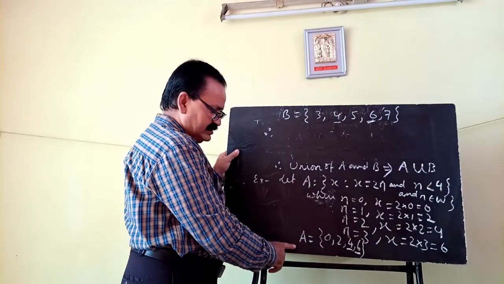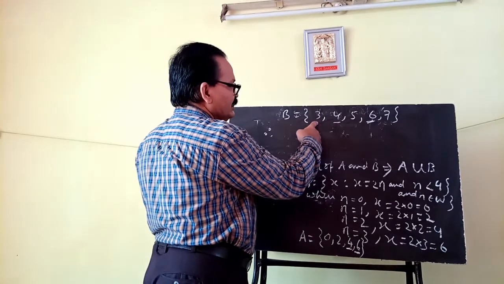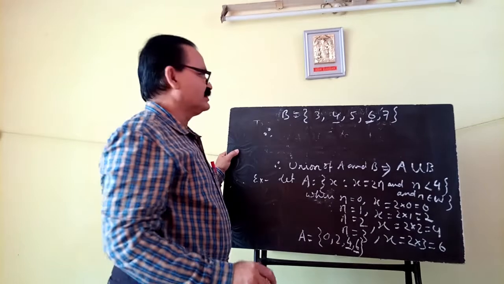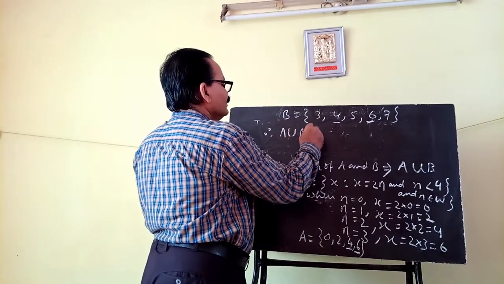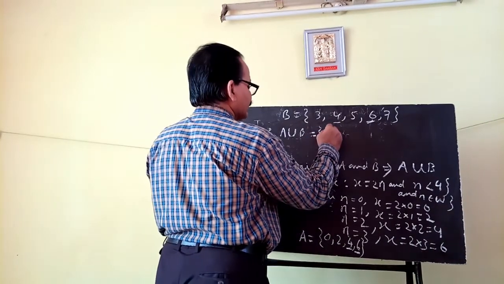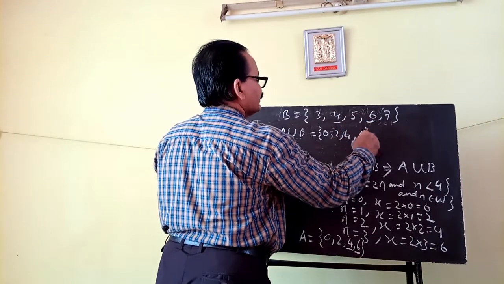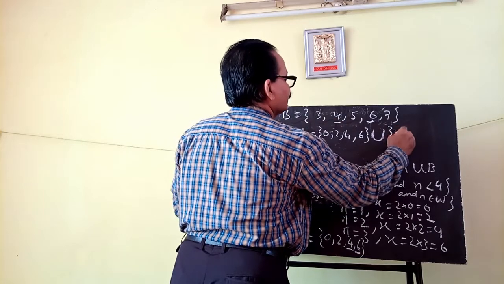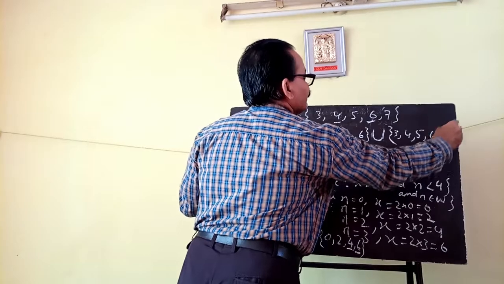In A, 0 and 2, and in B, 3, 5 and 7 are not the same, they are different. So while writing A union B, you first write the values of set A, that is 0, 2, 4 and 6. Put the union sign, then write the set B, that is 3, 4, 5, 6 and 7.